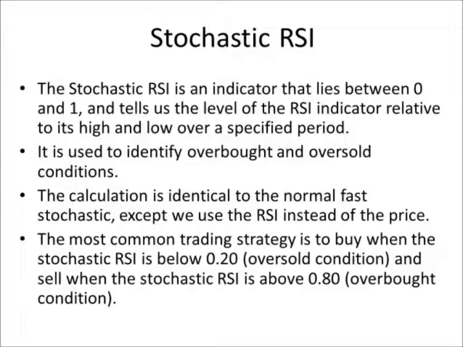And like the RSI and the stochastic oscillator, the Stochastic RSI is designed to identify overbought and oversold conditions. So let me talk about probably the more common trading strategy with the Stochastic RSI. As I said, it does lie between 0 and 1. It can be converted into a percent, so it could be 0 to 100%.